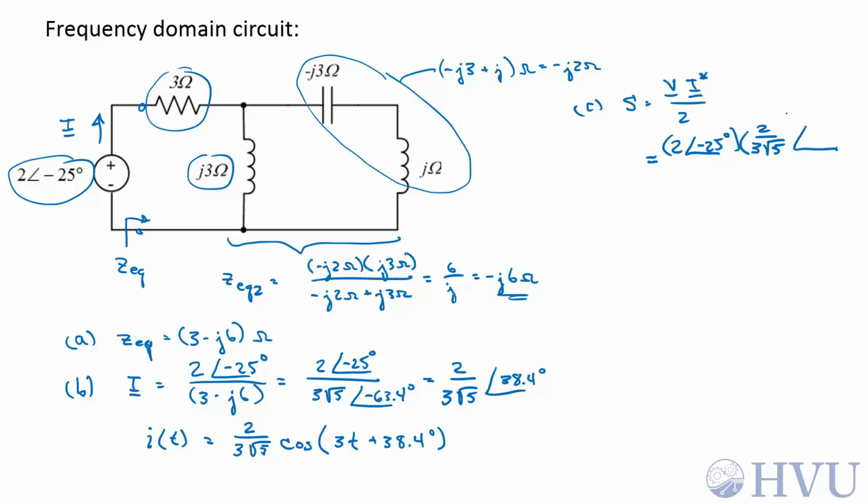Taking the complex conjugate changes the sign on the angle, over 2. That 2 cancels with that 2, so this becomes 2 over 3 square root of 5 at an angle of negative 63.4. And there's my answer for part C.